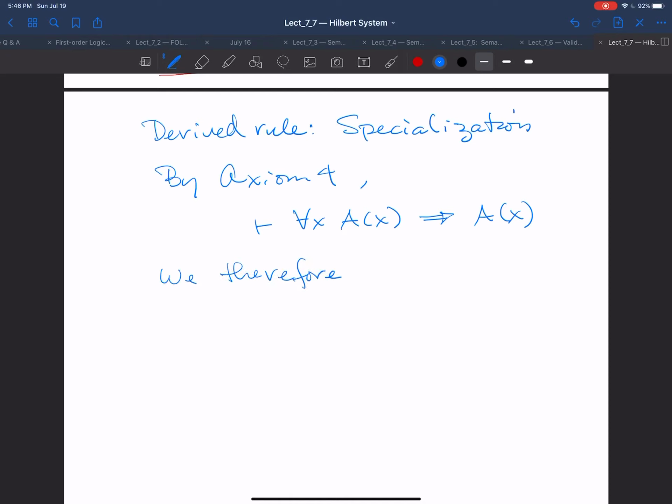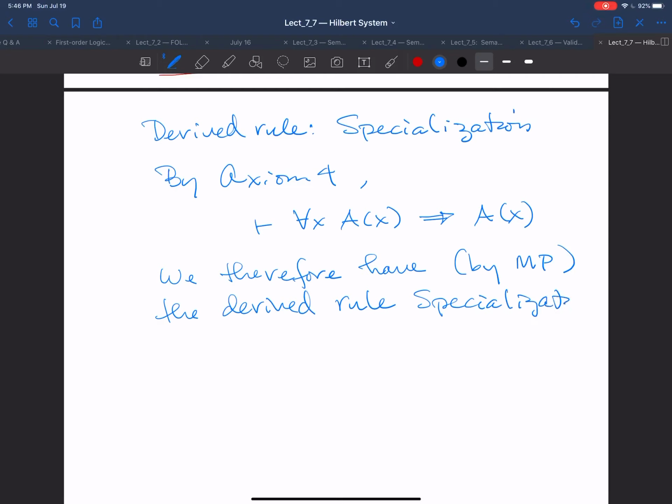As a consequence, we have the following derived rule by virtue of having modus ponens as an inference rule. We'll call it specialization.